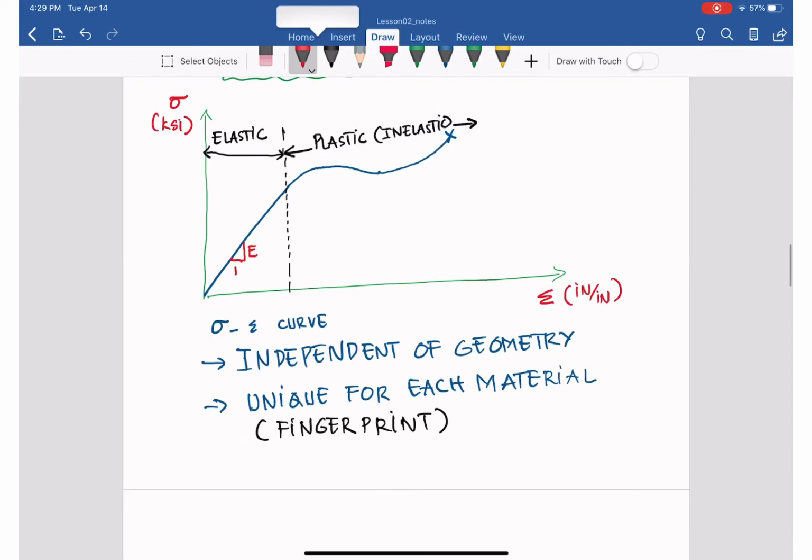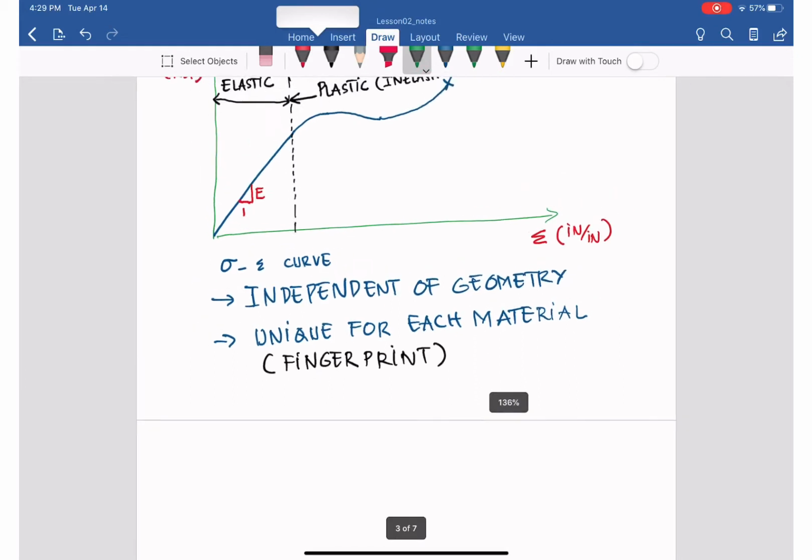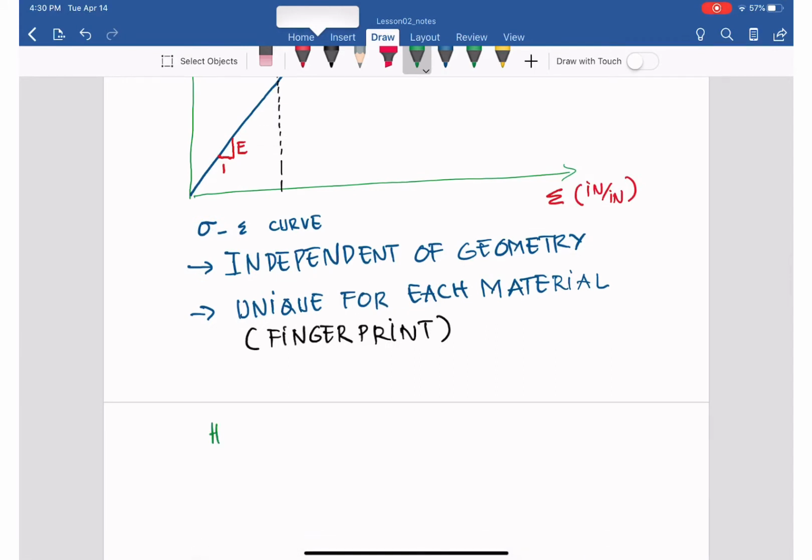From that we can consider Hooke's law, something that you already heard in physics, but now we apply it to this scenario. Hooke's law is what we study, for example, in a spring.